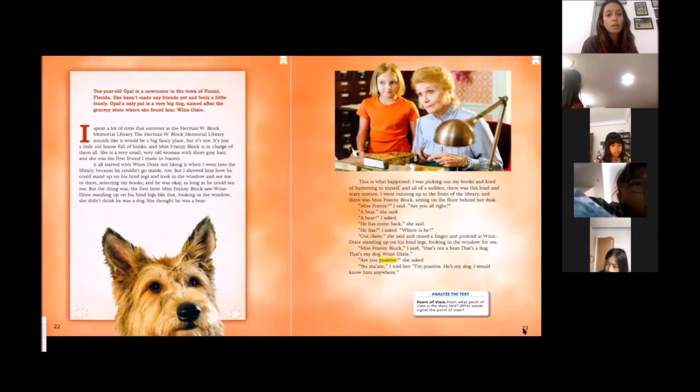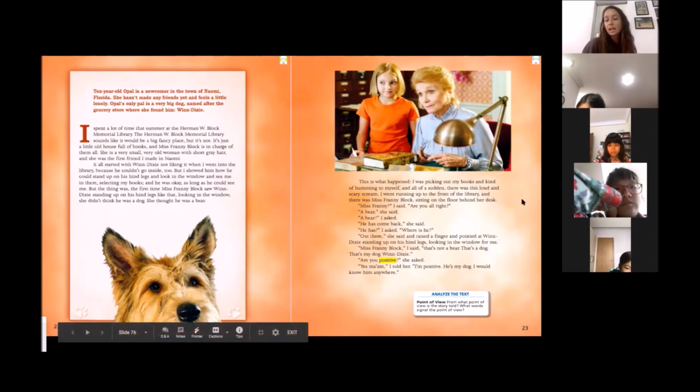She's a very small, very old woman with short gray hair, and she was the first friend I made in Naomi. It all started with Winn-Dixie not liking it when I went into the library because he couldn't go inside too. But I showed him how he could stand up on his hind legs and look in the window and see me in there selecting my books, and he was okay, as long as he could see me. But the thing was, the first time Miss Franny Block saw Winn-Dixie standing up on his hind legs like that, looking into the window, she didn't think he was a dog. She thought he was a bear.